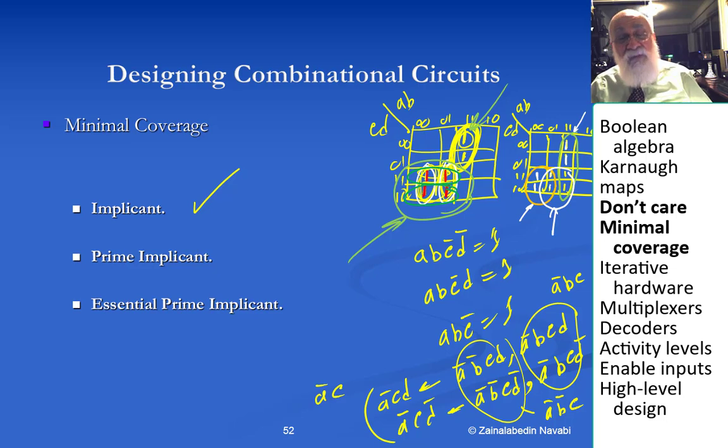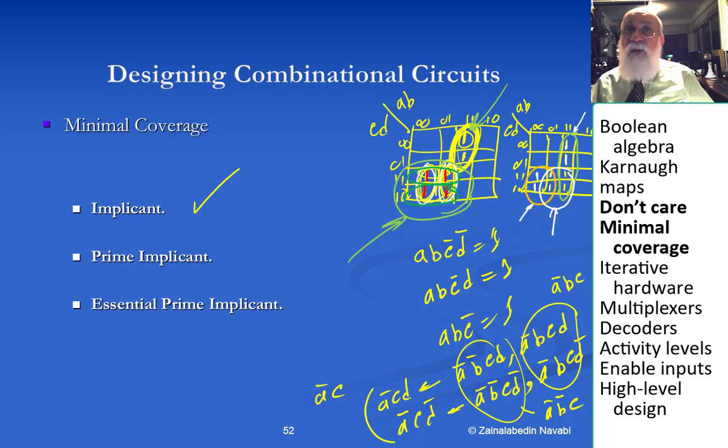To come up with a minimal coverage, this is how you go about it. First, you identify all your prime implicants. Okay? Then, among those prime implicants, you identify the essential prime implicants.